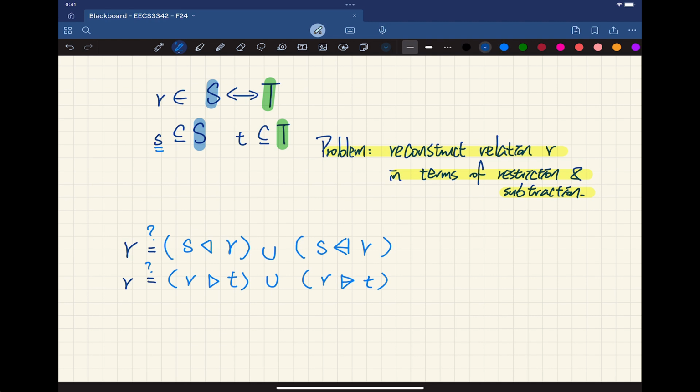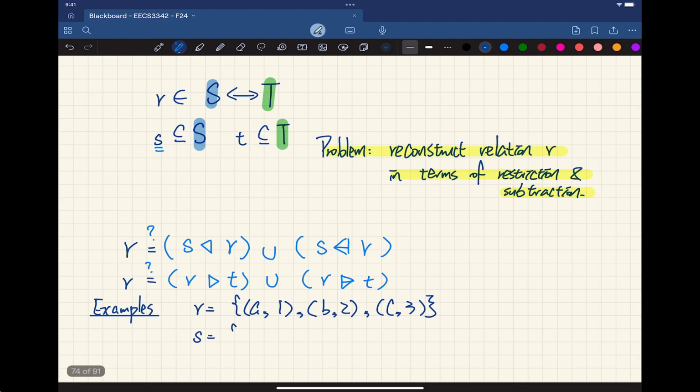So some examples here, you can use them to verify. For example, you can say R is simply equal to A1, B2, and C3. And then we got little s, let's say B, D. And the little t over here, let's say 1, 4.